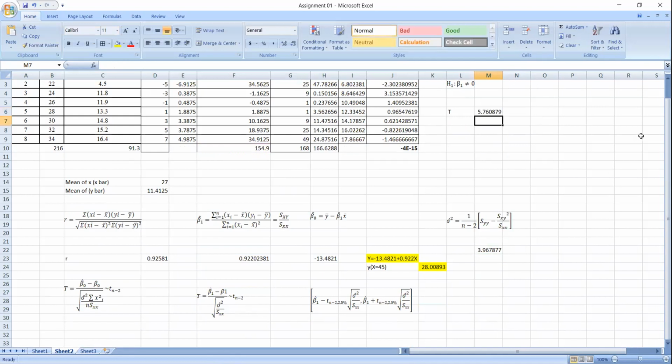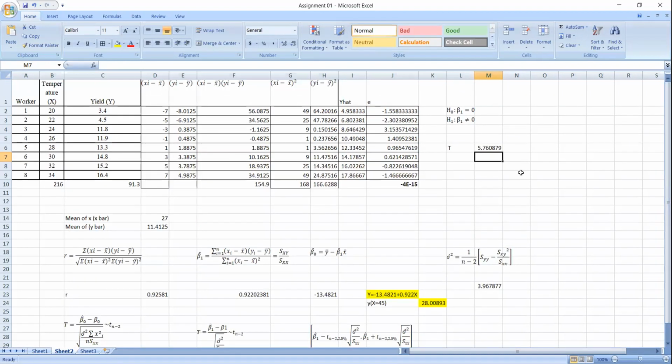That will give you the test statistic. So our test statistic value is this, based on the data set, that is 5.760879.